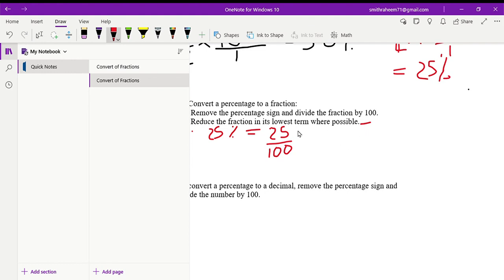So to do this, you can divide both the top and the bottom by 25, because they're both divisible by 25. So 25 divided by 25 is 1, and 100 divided by 25 is 4. So for this example, your answer will be a quarter.